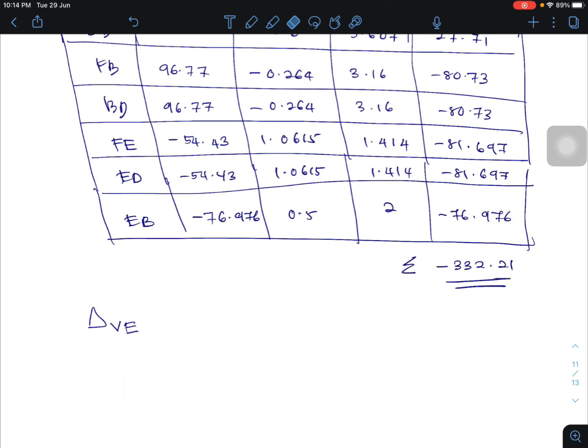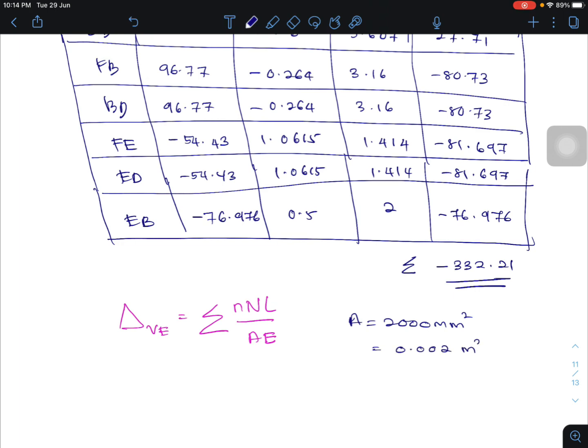So we turn back to the formula. The area of each member is 2000 square millimeter, equivalent to 0.002 square meter. Meanwhile, the Young modulus is 200 gigapascal, equal to 2 times 10 power of 11 Newton per square meter.